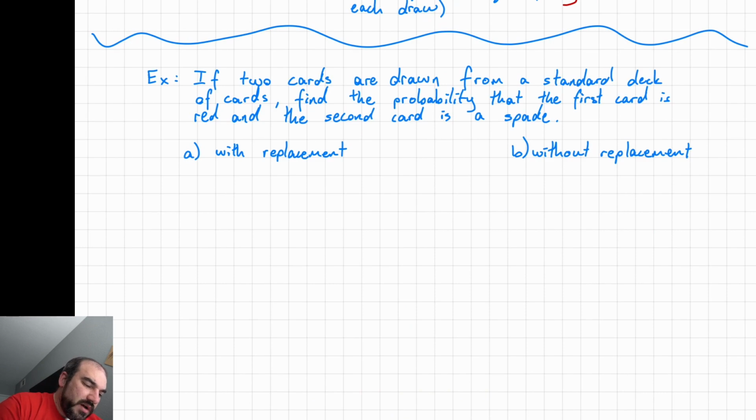So let's do the with replacement example first, where for the first card, we're doing the fraction for the probability that the first card is red, which will be the number of red cards in the deck divided by the total number of cards in the deck. So what's my fraction going to be for the first probability?